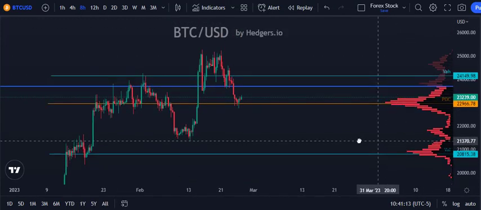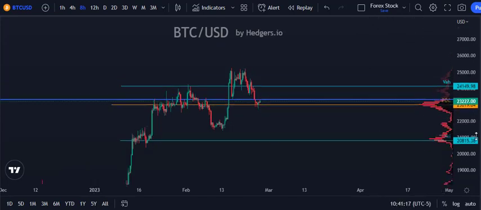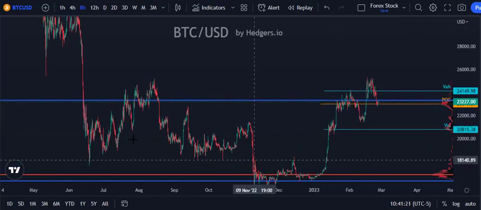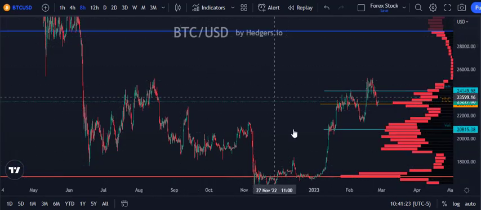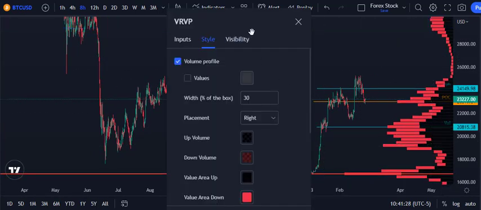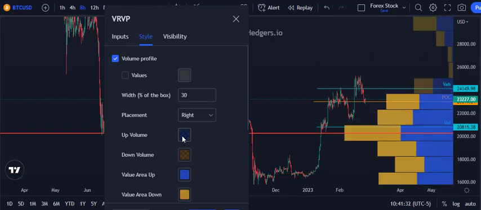Now you see here the high volume area. The more you zoom in, you see it will cover up all this area of the candles at this point. You can also change the settings to default, reset settings.